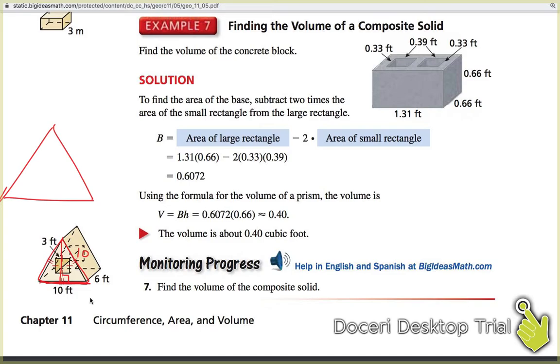If we know this is 10 and it's a 30, 60, 90, that means we cut it in half. That's a 5. That means my height is 5 root 3. So if I'm finding the area of that whole triangle, it's going to be 1/2 base times height. That's going to give me the area of that triangle. Then I would subtract the area of the square. So I would subtract 9 from whatever that is. And then I would times it by the height of the prism. And the height of the prism is 6. That's how we would get the volume of the whole thing there.